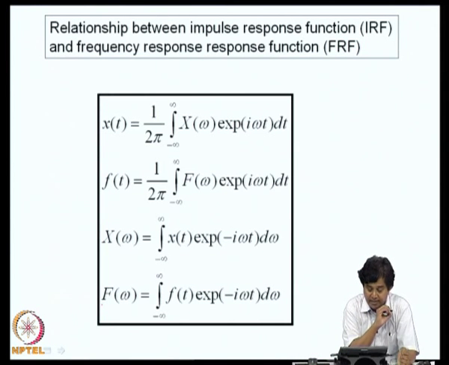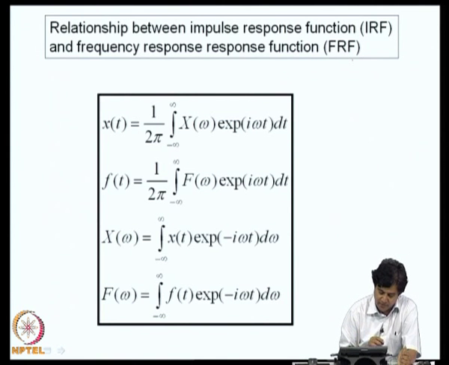Now, the question we can ask is, what is the relationship between the impulse response function and the frequency response function? Are they related? One is a time domain description, the other is a frequency domain description. We know that a time domain description of a function and its frequency domain description form a Fourier transform pair.